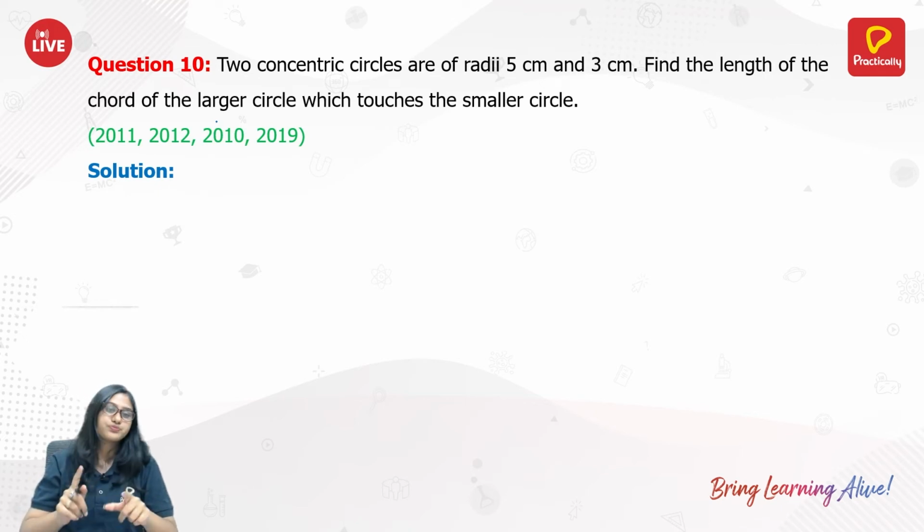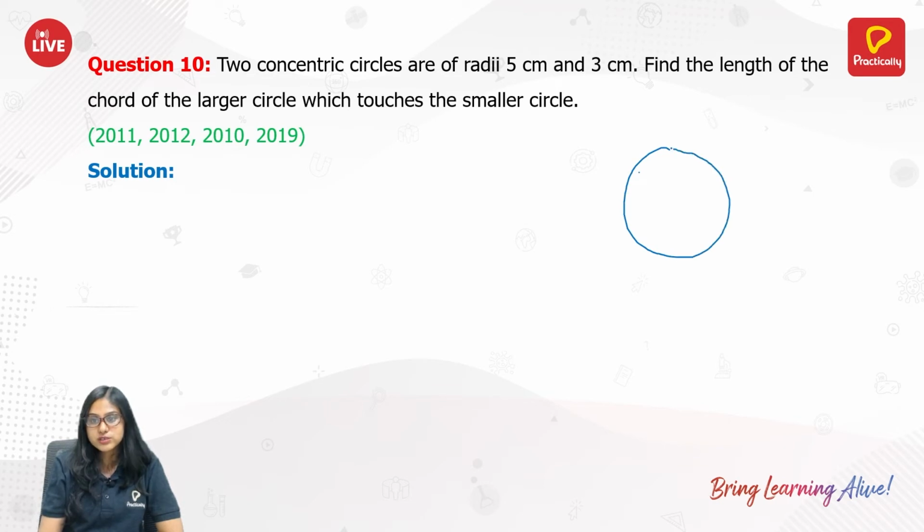circles, right? So, let us draw 2 concentric circles and the smaller circle radius is how much? 3 centimeters. So, for convenience to solve the problem, we will draw the diagram in that way only. So, this will be 3 centimeters, correct?